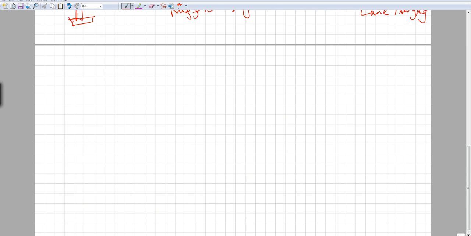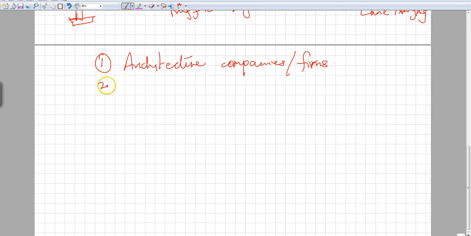Okay, let's start with one. Like I'll say architecture companies, firms use technical drawings, right? And the second one would be interior design. Interior design.